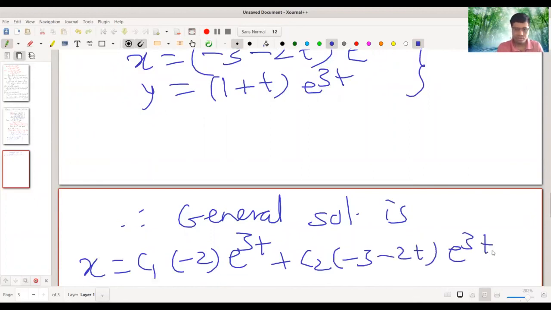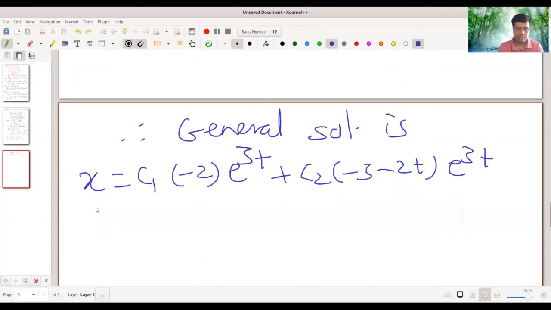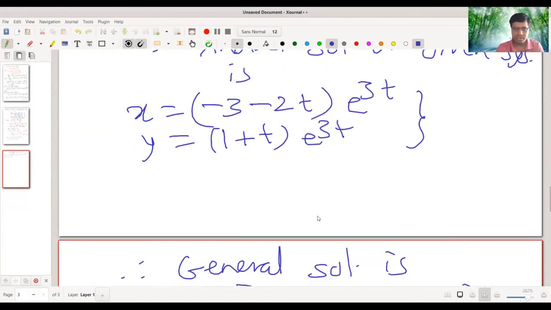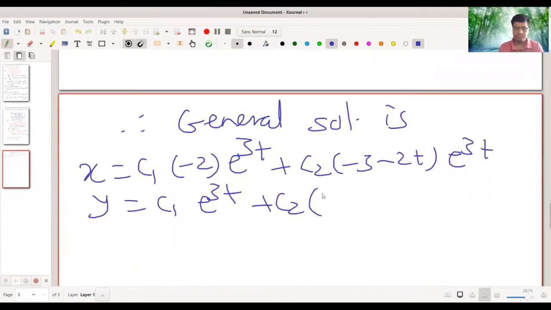And y equal to c1 into the first solution, e raised to 3t, plus c2 into this term, that is (1 plus t) e raised to 3t. Okay, so this is the required solution. Thank you.